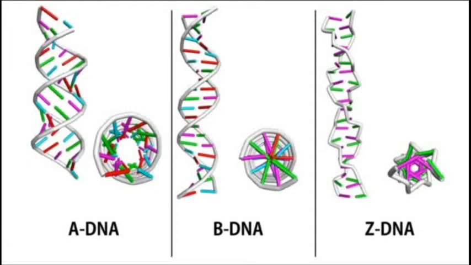Look at this picture. The aDNA is shorter and broader than bDNA, and the zDNA is long and thin as compared to bDNA. Here you can see the DNA backbone in zDNA is in a zigzag manner.